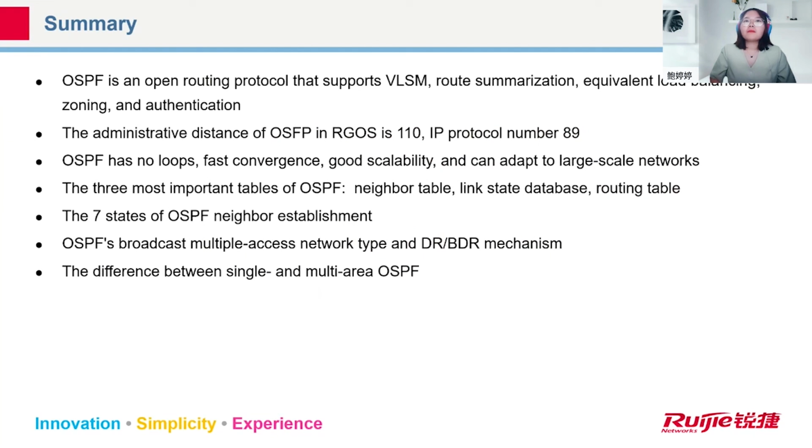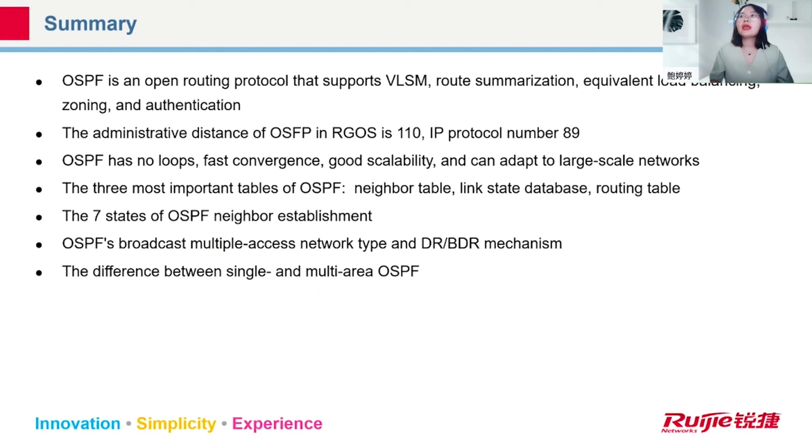So in this part, we talked about OSPF. This is a dynamic routing protocol, the default AD is 110, and the protocol number is 89. And we have 3 tables: the neighbor table, the database, and the routing table. Between the devices, the status goes from no status at the beginning to full at last.